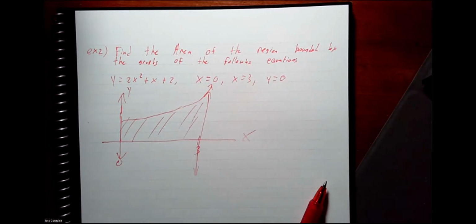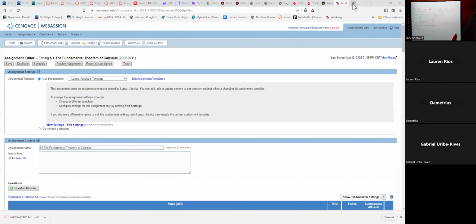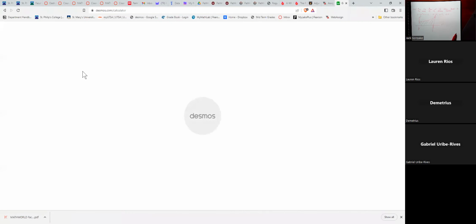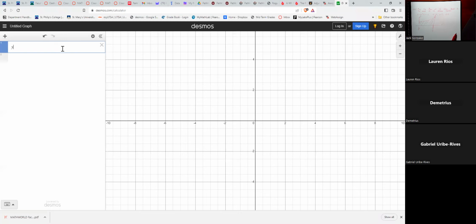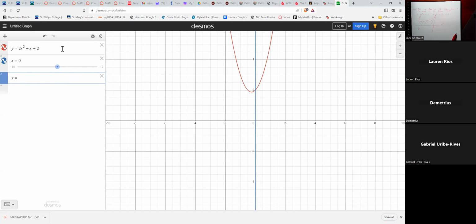Just so you can see it better, I'm going to graph it on Desmos because that looks pretty lame. There it is. Okay, so we have the parabola y equal to 2x squared plus x plus 2. Then you have the vertical lines x equal to 0 and x equal to 3.